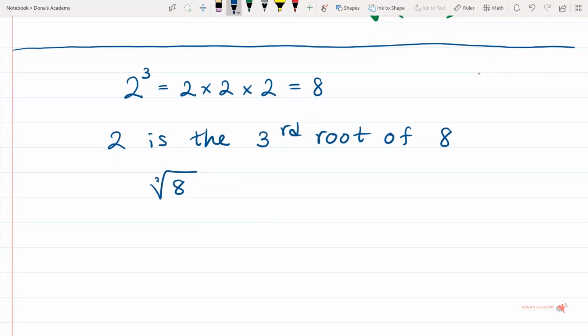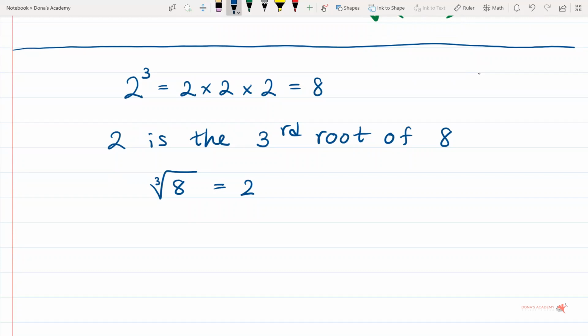However, you have to put a small 3 here to denote the third root. And this is equal to 2. We read this as cubic root of 8 or third root of 8 equals 2. Okay, so this is one example for a radical.